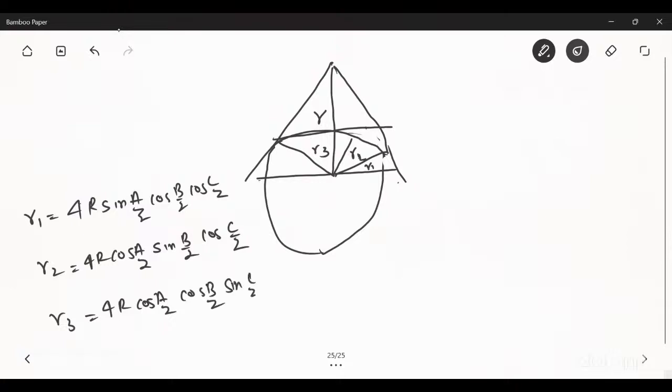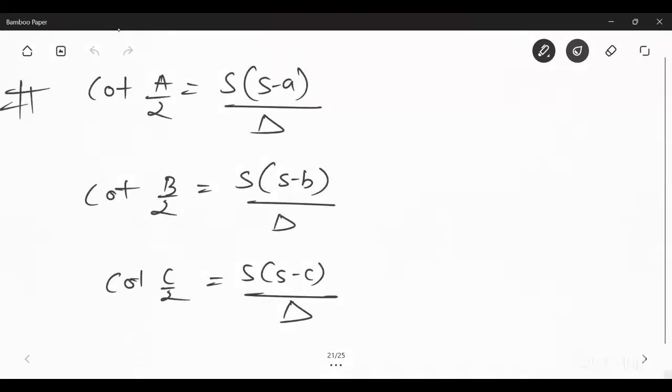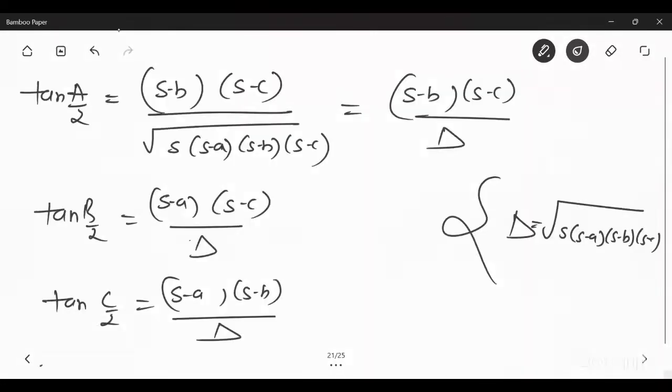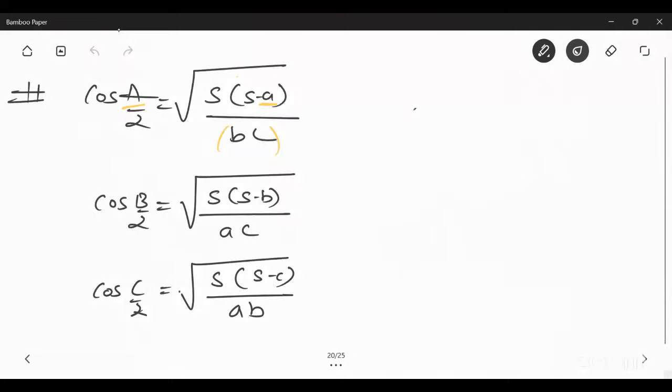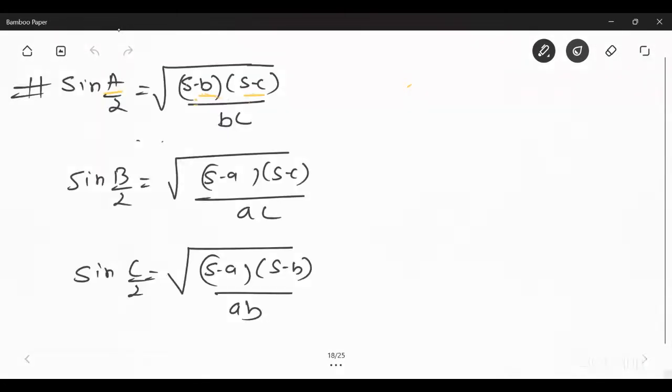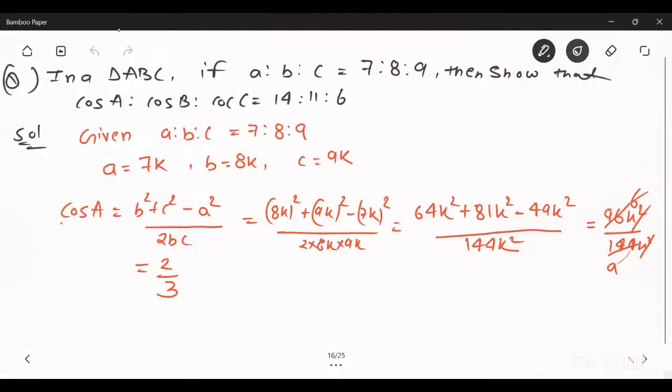Okay, so those are some important results of properties of triangles. In that chapter, we have discussed 3-4 questions that came in previous years related to these formulas. Now, in the next part, I will discuss all the important questions that came in your previous year exams.